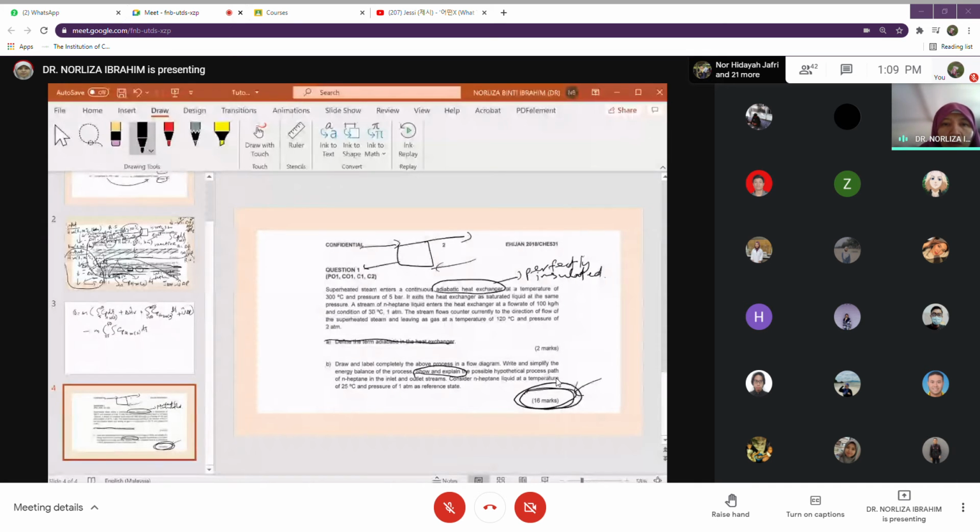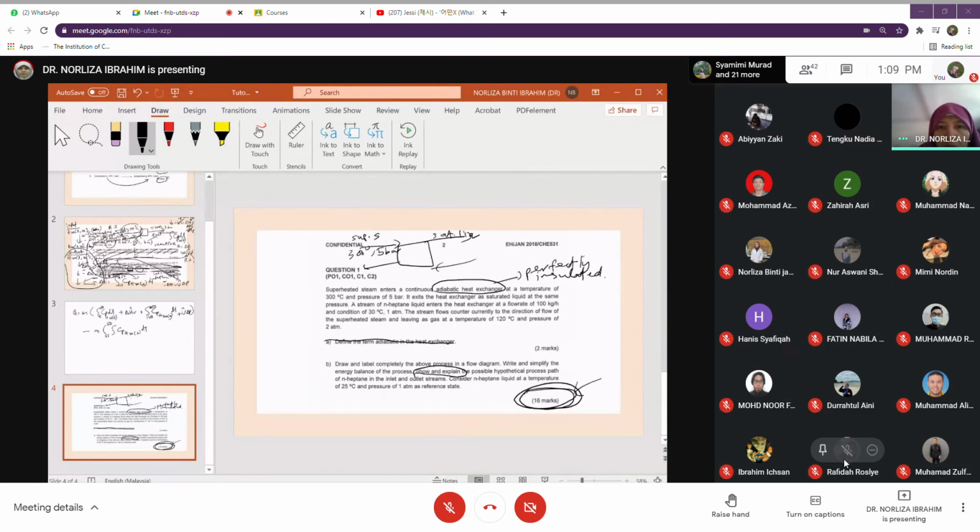Okay, basically, so this is superheated steam, 300 degrees C. Remember, you should write temperature and pressure for the energy balance. And then the outlet will be saturated liquid, the same pressure, so 5 bar. It's only the same pressure, not the same temperature. 5 bar, and then another stream you have N-heptane.